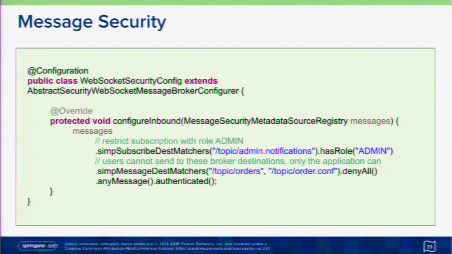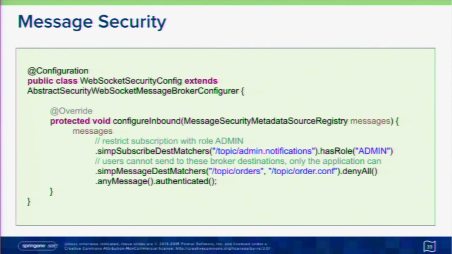So first, you have to protect the endpoint, the handshake request. Second, you should always use WSS, an encrypted connection. And then you should apply authorization at the message level, because Spring Security 4 has support for WebSocket security at the level of messages.